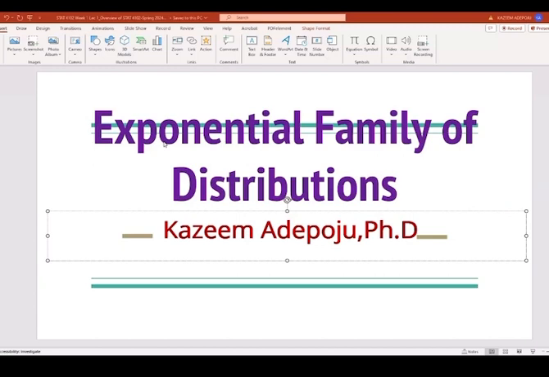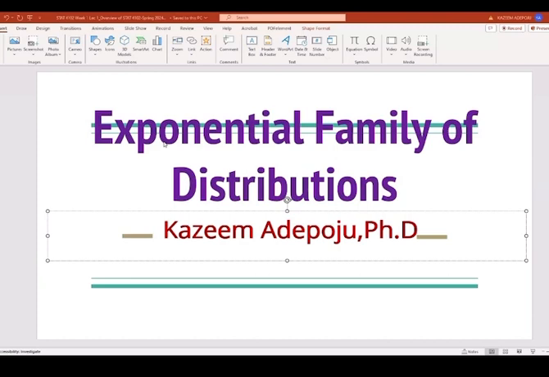If you take a look at the probability distributions we have, an example of a multi-parameter family is the normal distribution. A normal distribution has two parameters, the mean and standard deviation. And of course, the beta distribution of the first kind also has two parameters.